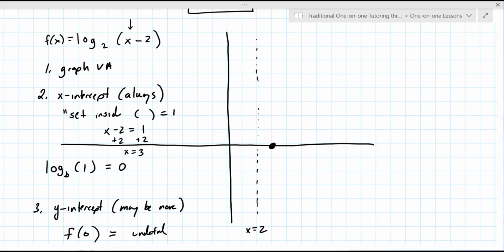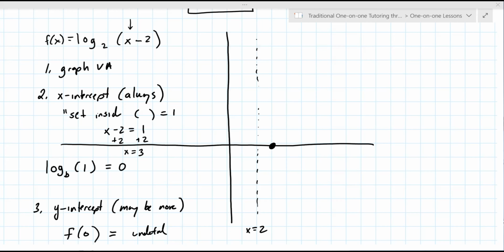So there is no y-intercept, which is why it says there may be none. To find that, you just plug in 0 for x to find the y. But in this case, there is none, so you don't have to do anything else.